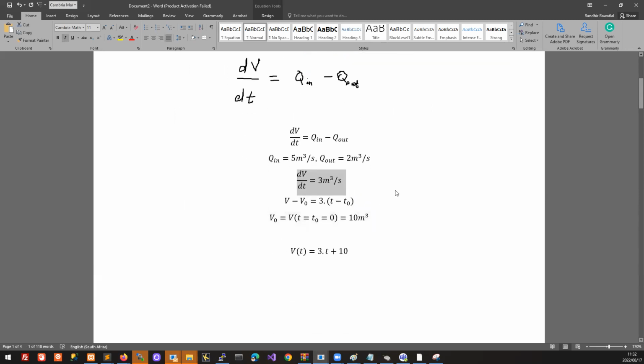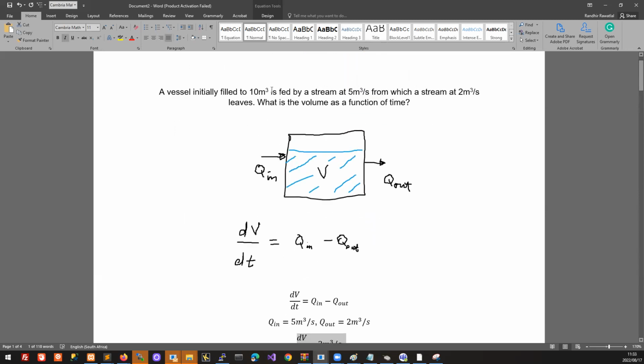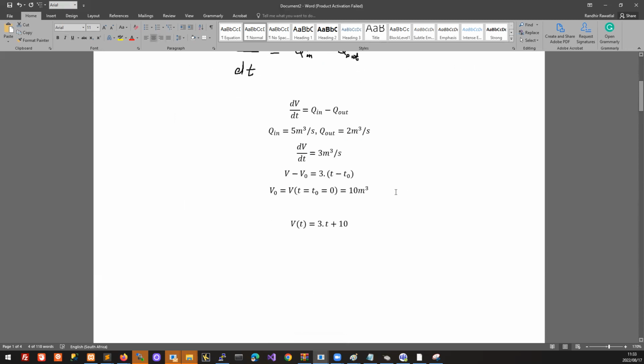And then you use the conditions around that. So we are given a so-called initial condition. So you can use that then to get an equation finally that can actually give you numbers. So at this stage, you have something that looks like a solved equation, but you can't actually get numbers out of this, right? The V naught is an unknown thing. But because it's given to us in the problem, then you can actually get numbers.